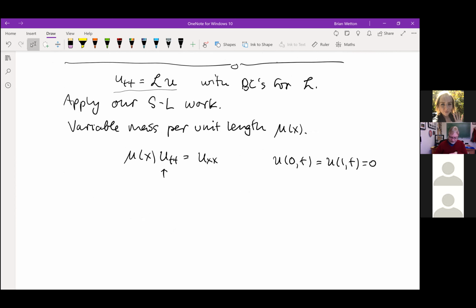Right, and so the Sturm-Liouville problem that we would want to consider then is phi double prime is lambda mu of x times phi. This is what you would get if you did separation of variables also, right?